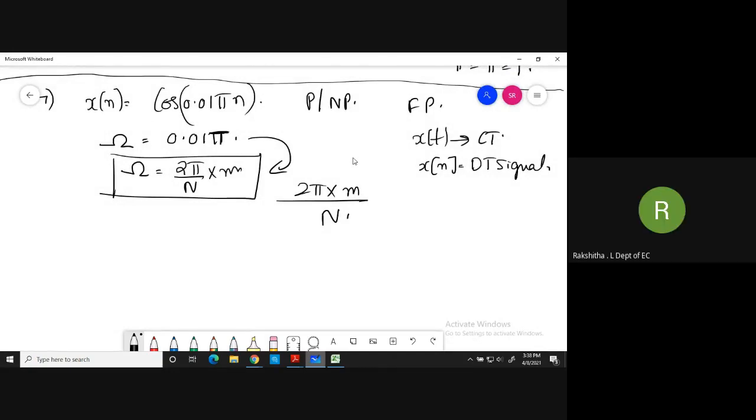Ma'am, is it 2 pi into 1 by n? So wait, you have omega 0.01 pi. I'm telling you to express this omega in 2 pi into m by n form. Here m and n are integers. How will you express this in 2 pi into m by n form?